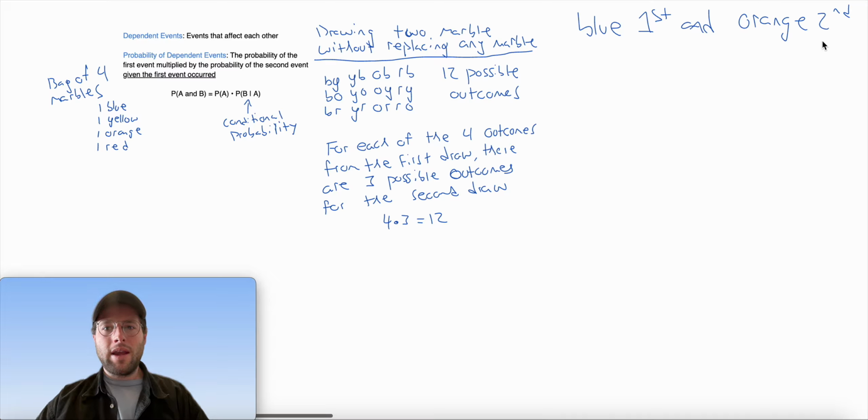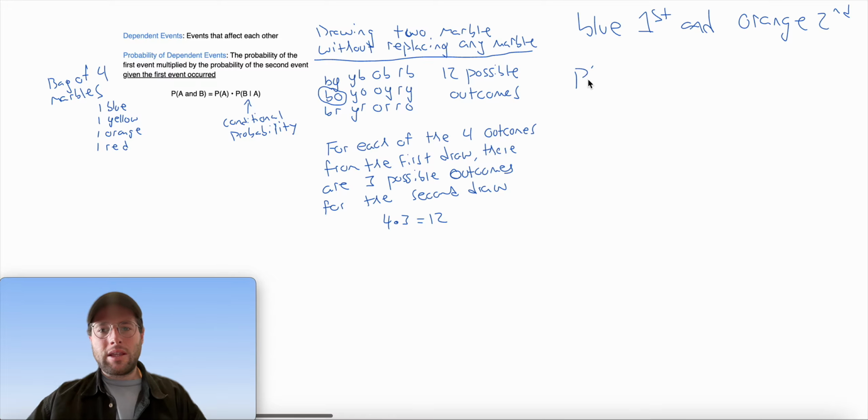So let's go ahead and first do this by using the left side of the equation here, finding the probability of A and B. So looking at our sample space here, we want to find where we have blue first and orange second. And that is going to be right here, and there's only going to be one possible outcome where we have that, and there are 12 possible outcomes.